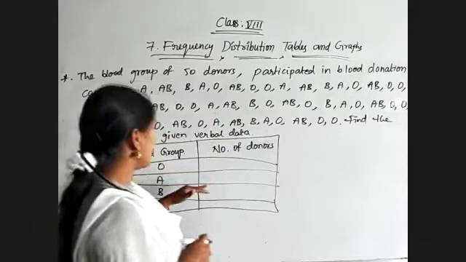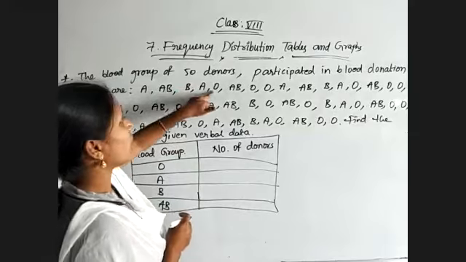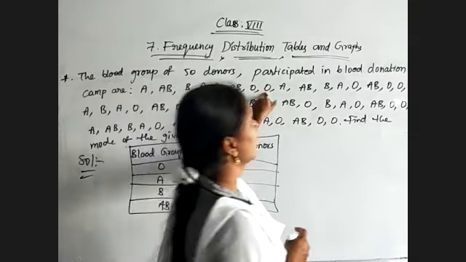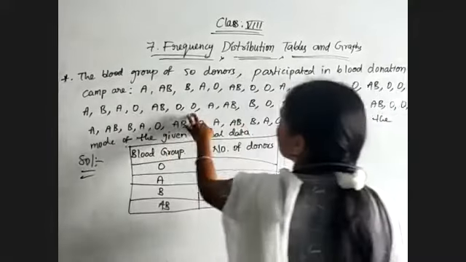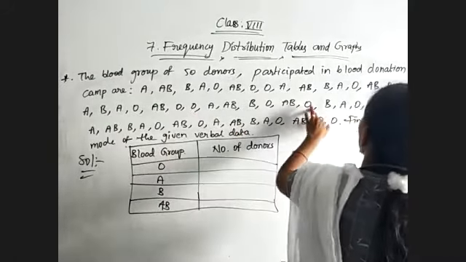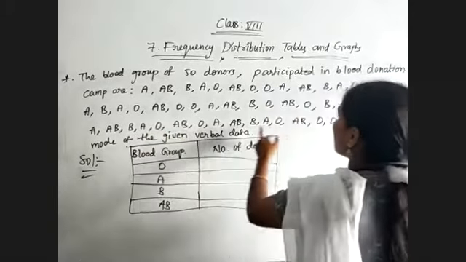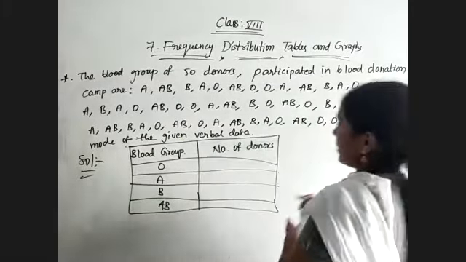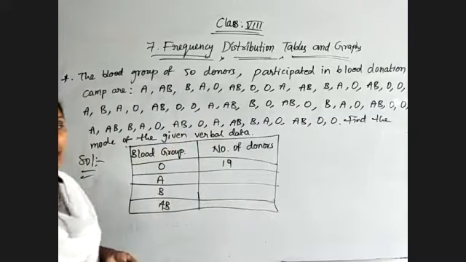Okay. Then O blood group, how many people donated? One, two, three, up to nineteen. So the number of donors of O blood group were 19.